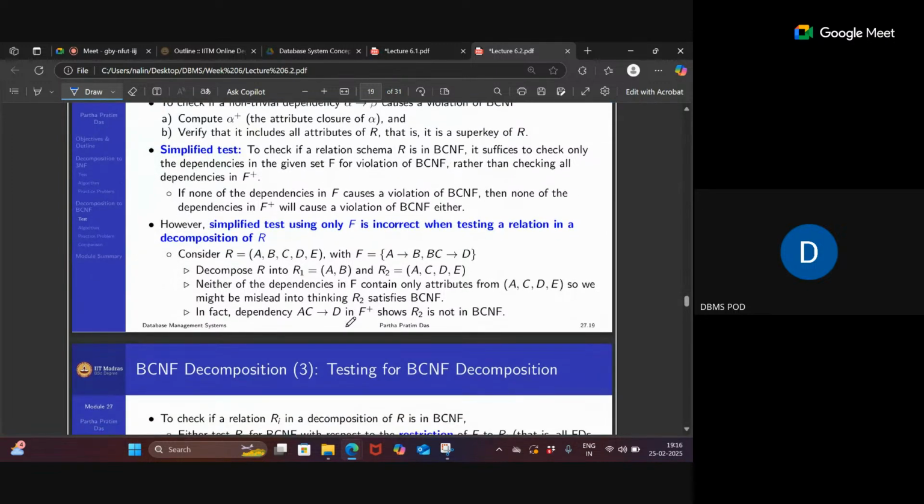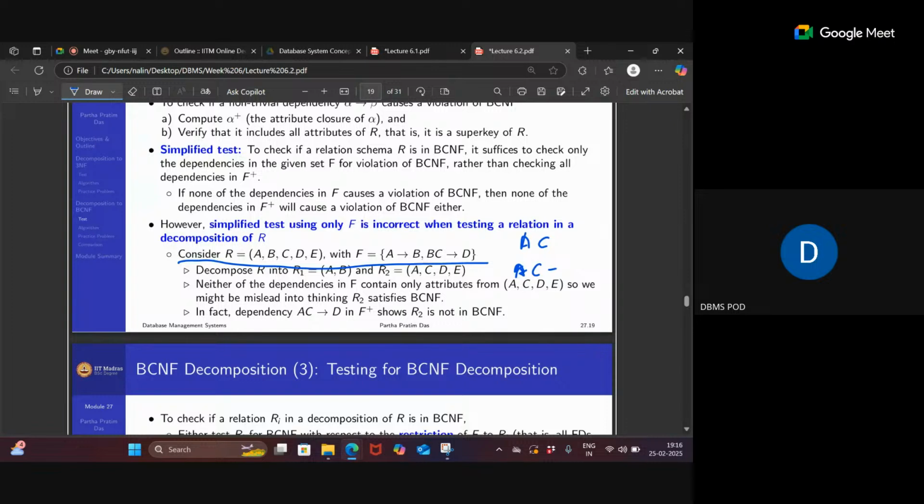This is an example you can check. Given the FDs, what is the super key for this relation? A determines B and BC determines D. So AC can be the super key, right? If I take the AC closure, it gives A, C, B, and BC together determine D. So AC will be the key.